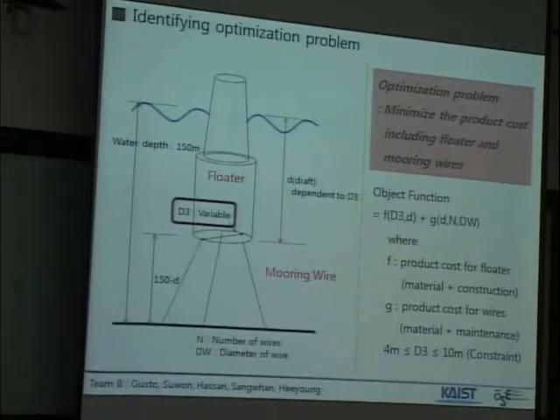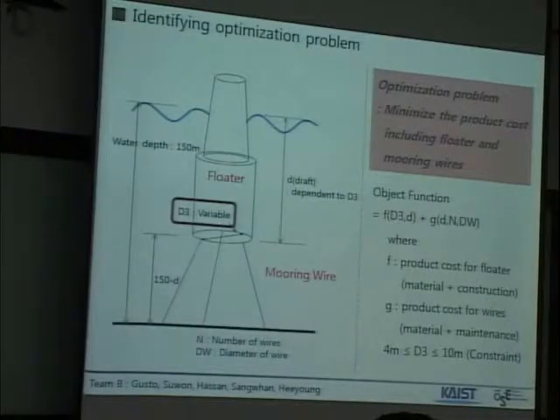This is the slide for the identification of the optimization problem. We selected an optimization problem where we have to minimize the product cost, including floater and mooring wires. So we have to assume that some variables should be fixed.